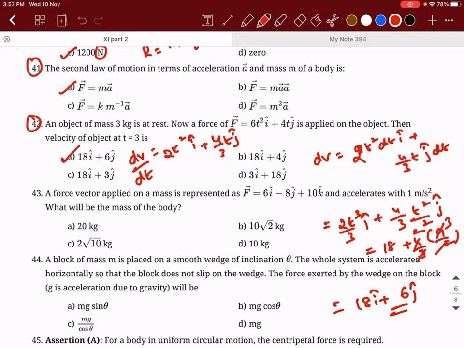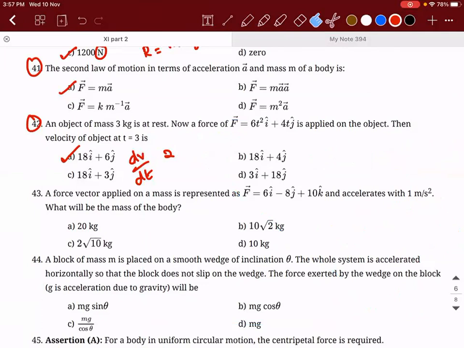I hope everybody understood this problem, right? Okay. So there is a force vector applied on a mass, represented by F vector is equal to 6i cap minus 8j cap plus 10k cap, and it accelerates with 1 meter per second square. What is the mass of the object? Simple. What is the mass? 10 root 2.